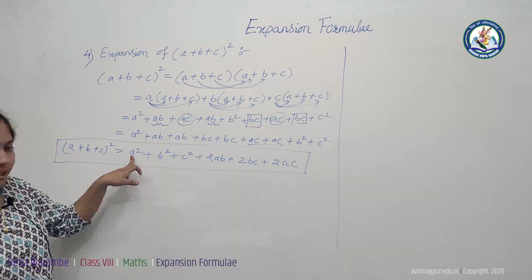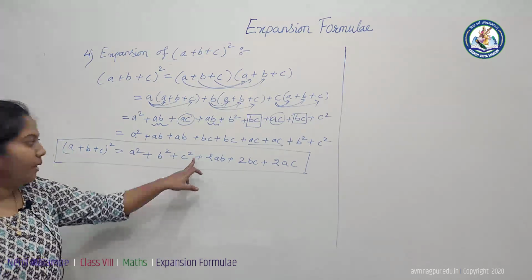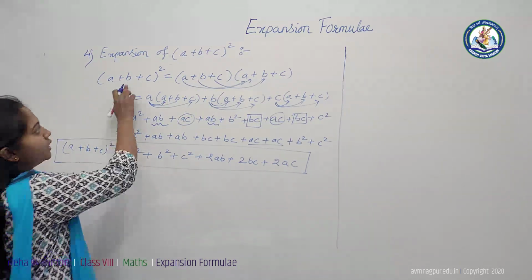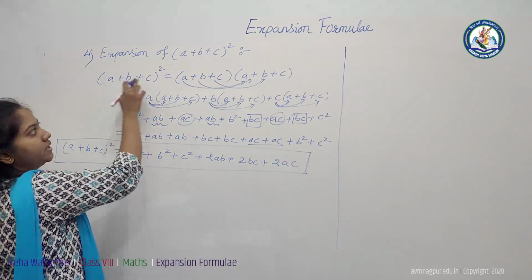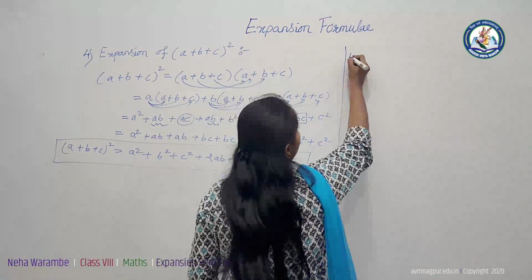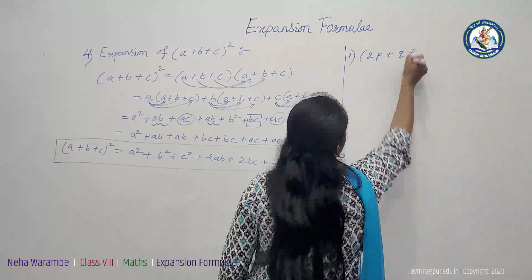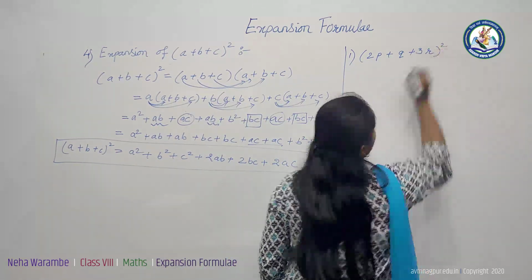That means first term square plus second term square plus third term square plus 2 into first term into second term plus 2 into second term into third term plus 2 into first term into third term.